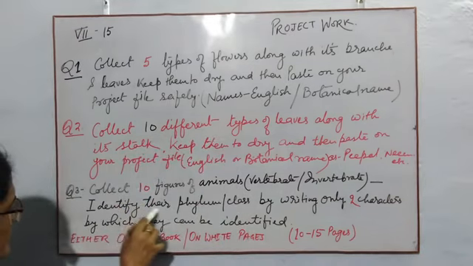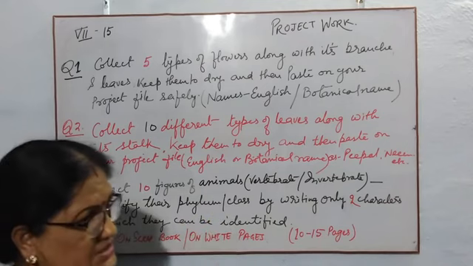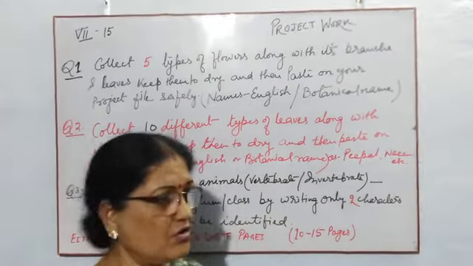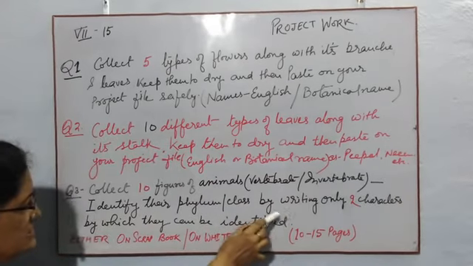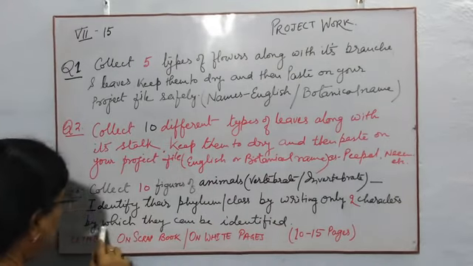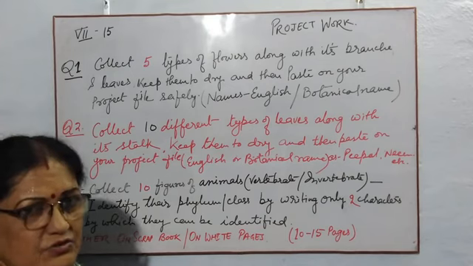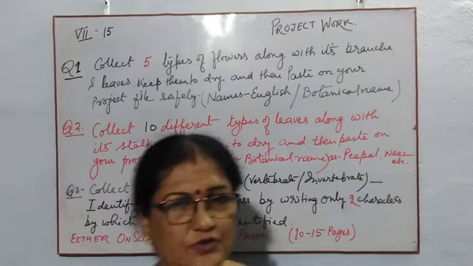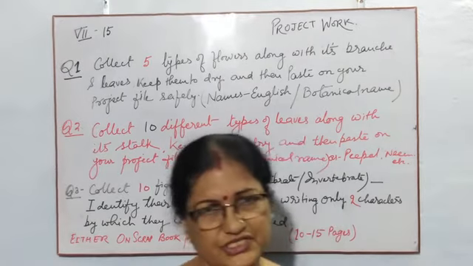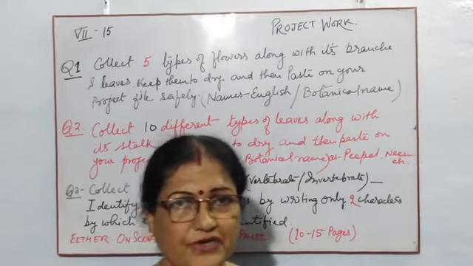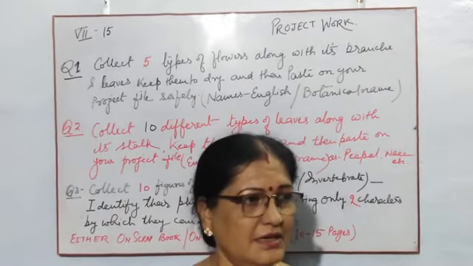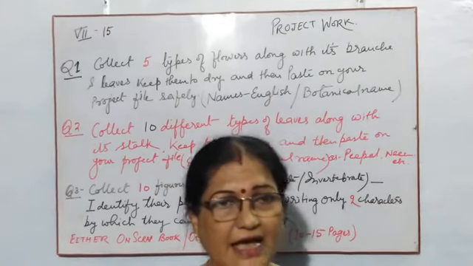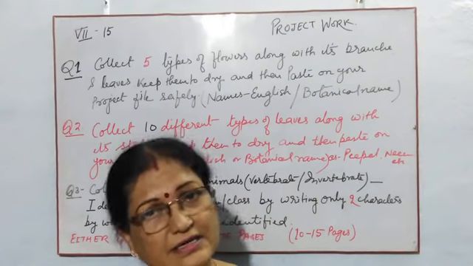Then identify their phylum or class, that means in which phylum or class they belong. Why do they belong to these classes or phylum? You have to write only 2 points about it. One example I am telling you. Suppose you collect the picture of a fish. Fish is an aquatic animal, and this aquatic animal has gills for respiration.